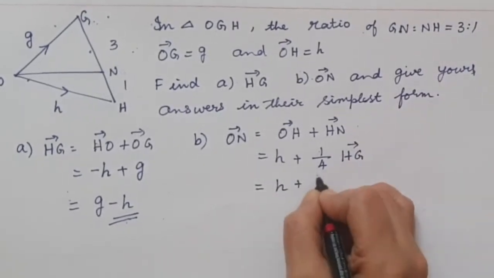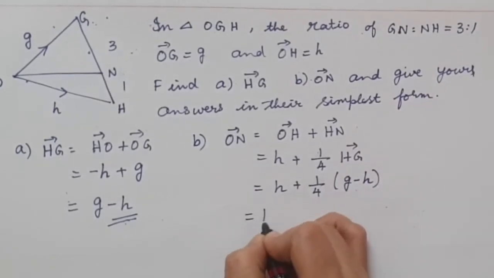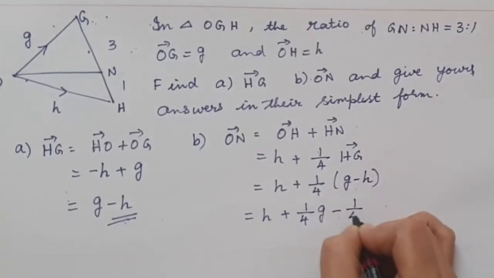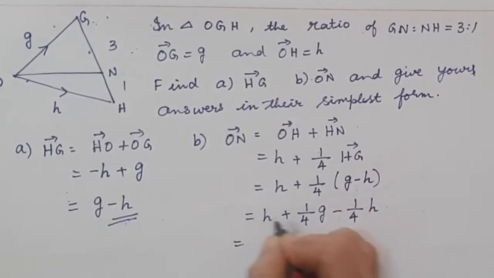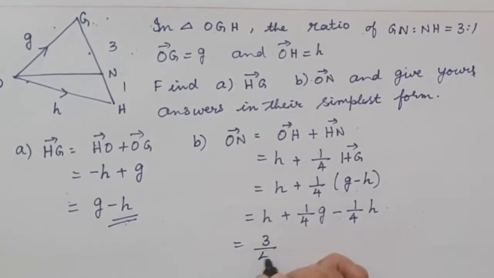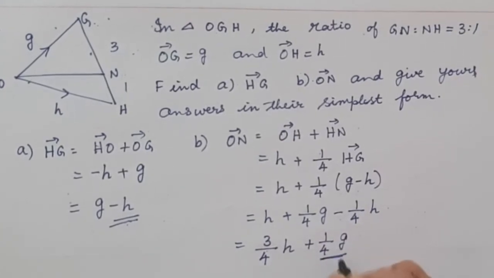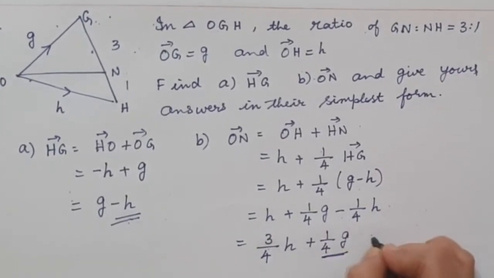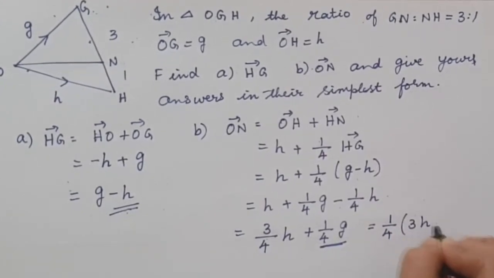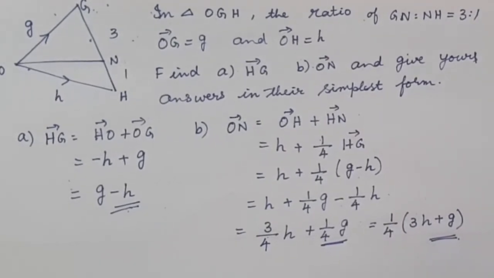So H plus 1 by 4 of G minus H. So it will be H plus 1 by 4G minus 1 by 4H. So there are 2 H terms. Simplify it: 1 minus 1 by 4 is 3 by 4. So 3 by 4H plus 1 by 4G. If you want, we can just leave it like this, or we can take 1 by 4 common and write it as 1 by 4 of 3H plus G.